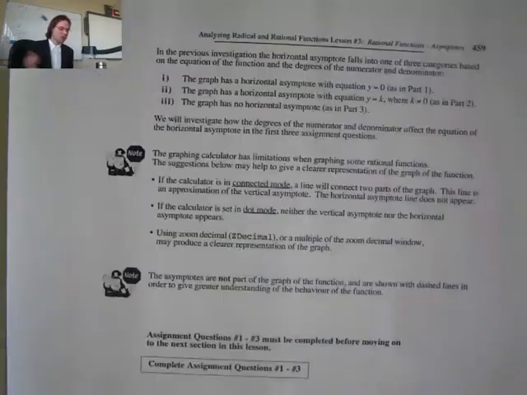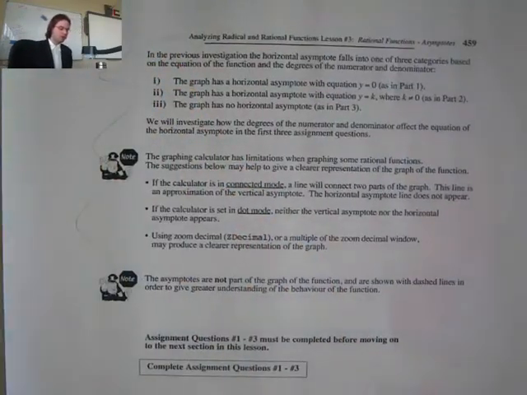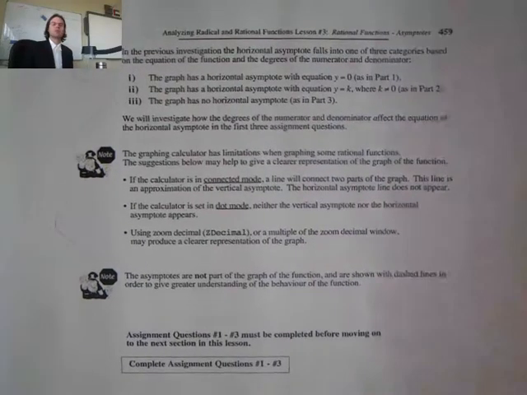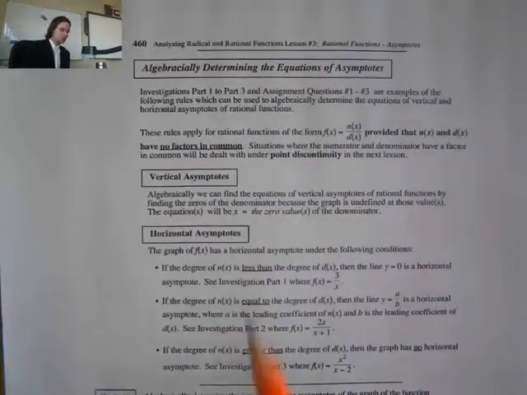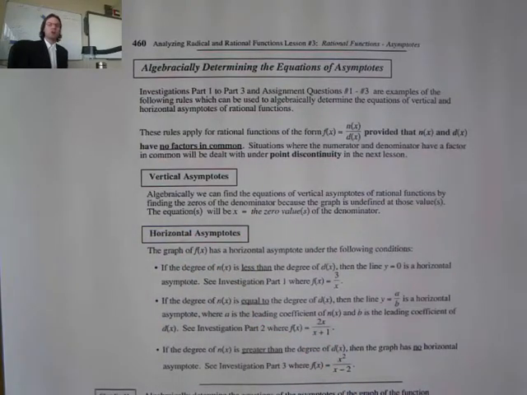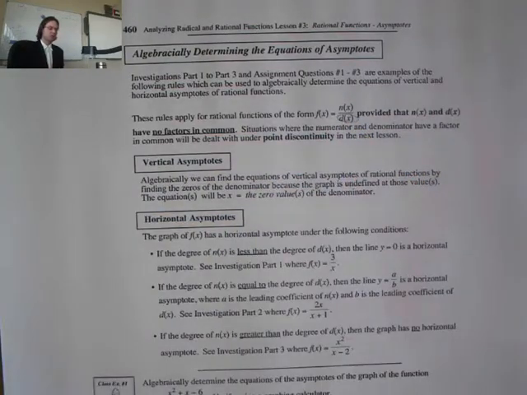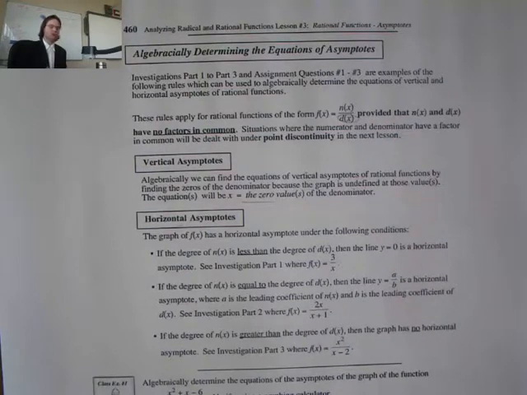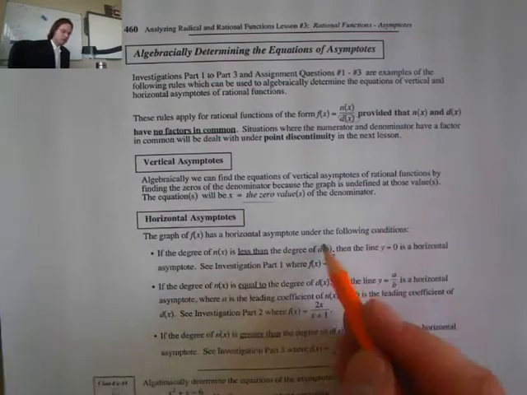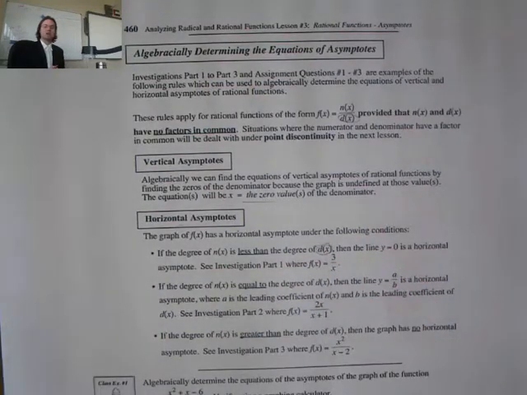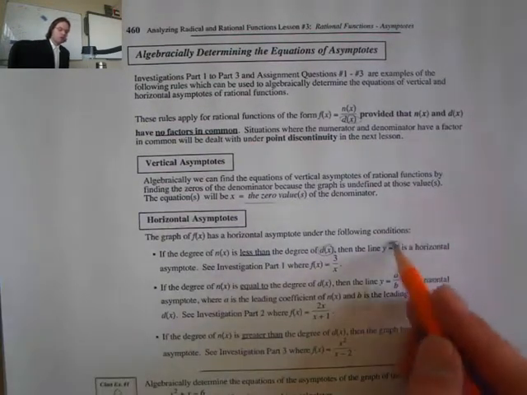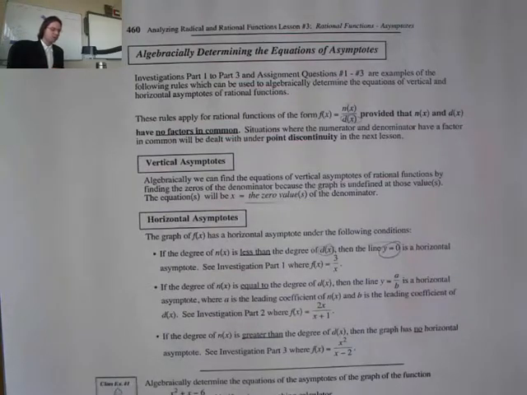Alright? So now I suggest you read over this part here to give you a little bit more information. So now just as a review, vertical asymptotes are always our non-permissible values. We just set the denominator equal to 0, and that gives us my non-permissible values. My horizontal asymptote depends on the equation. If my denominator is a bigger degree than my numerator, then the horizontal asymptote is going to be at y equals 0.